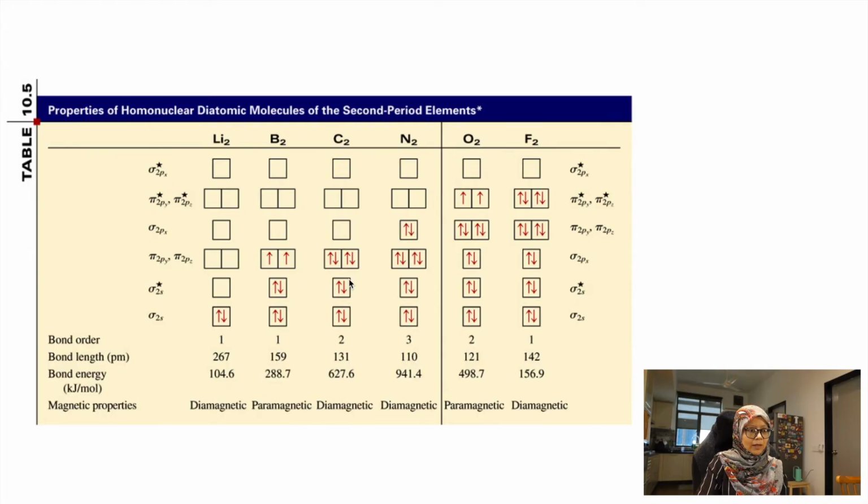For another example, N2, the HOMO is the sigma 2p, while the LUMO is the pi star. So you need to differentiate between the HOMO and LUMO.